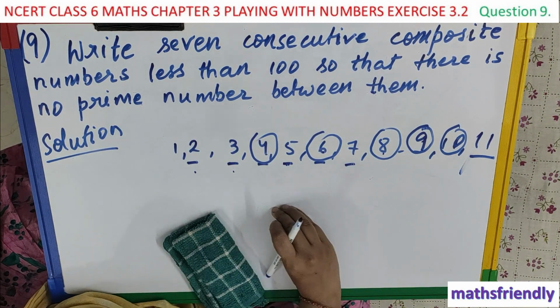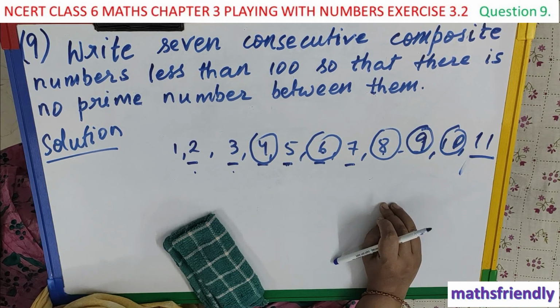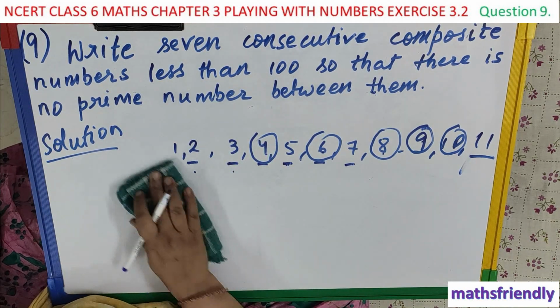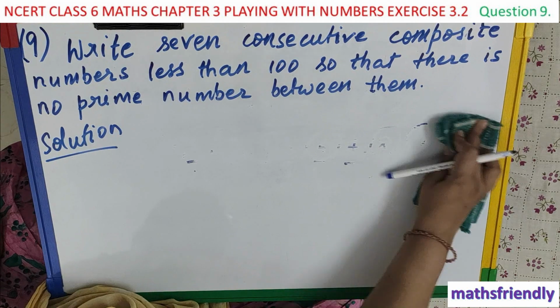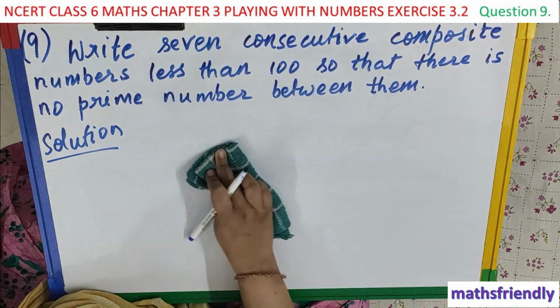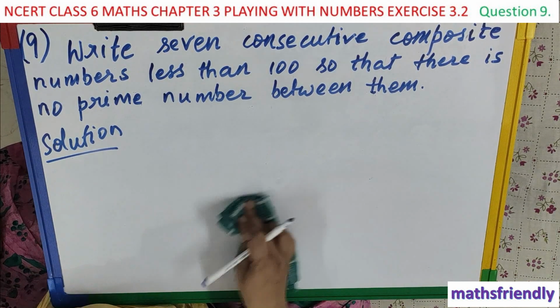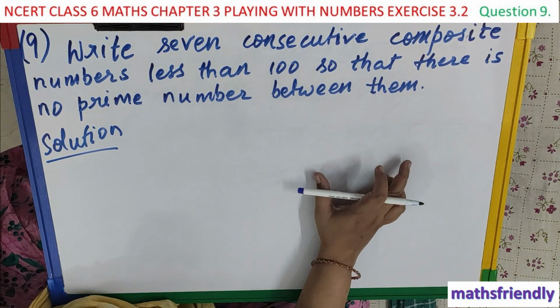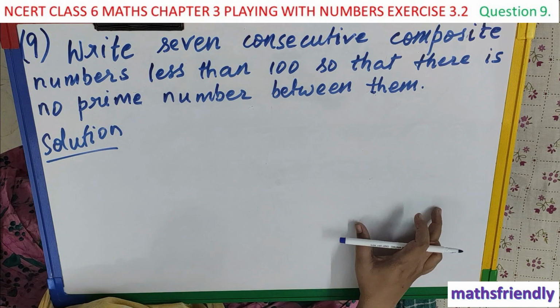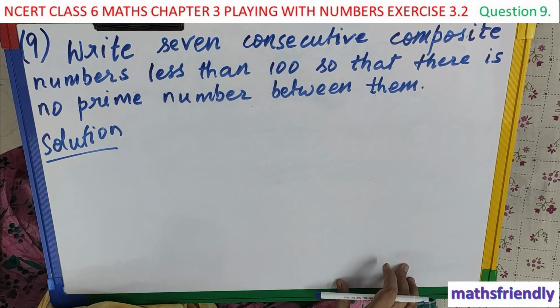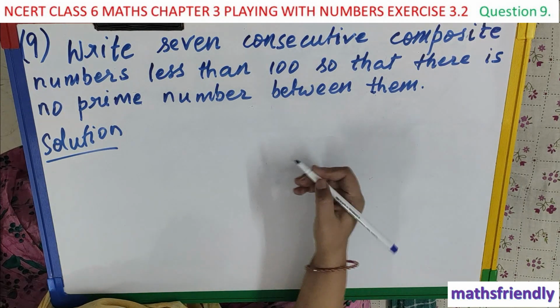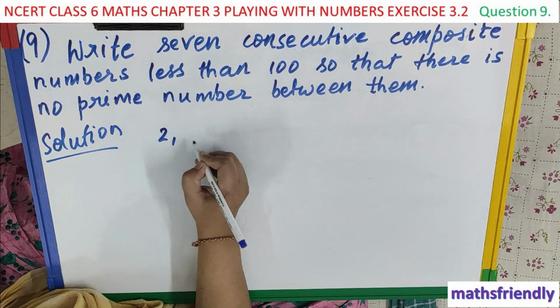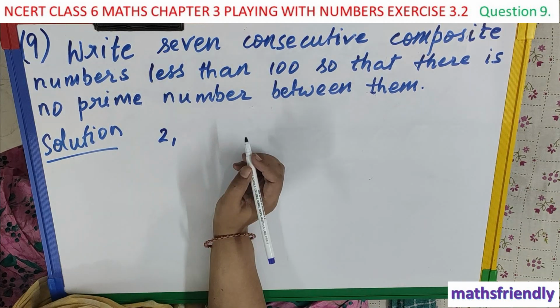First I will write all the prime numbers between 1 and 100. Then we will find whether there are any 7 consecutive composite numbers less than 100.